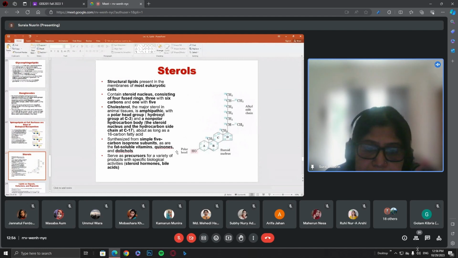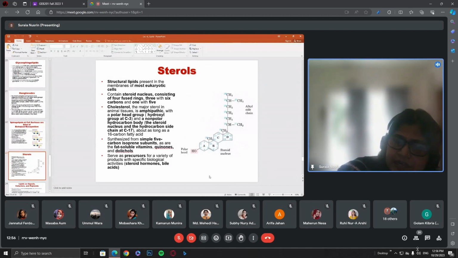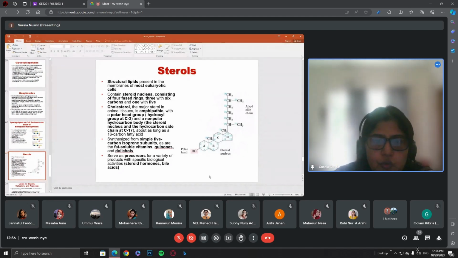Sterols are synthesized from a precursor molecule, a 5 carbon molecule called isoprene. That is different from the rest of the membrane lipids we learned. Sterol is synthesized from the 5 carbon precursor molecule called isoprene. Actually, this isoprene is synthesized from the very simple molecule acetyl CoA.